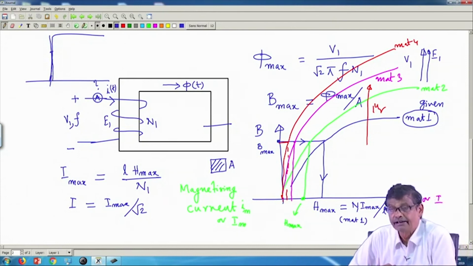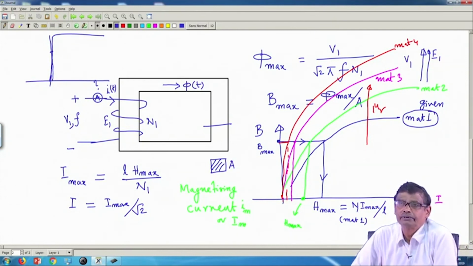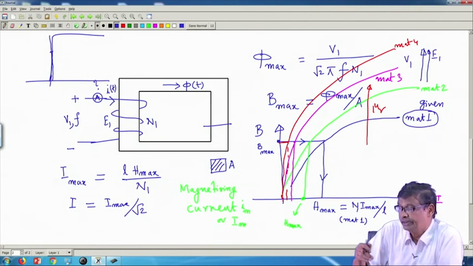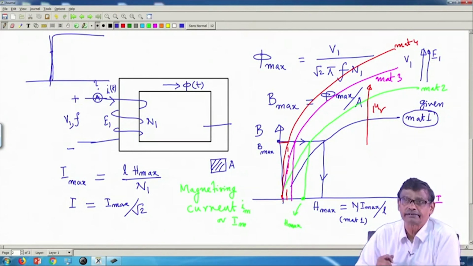Therefore, the magnetizing current can be reduced to any extent, provided you have very good magnetic material. So, we will continue with this in our next lecture. Thank you.